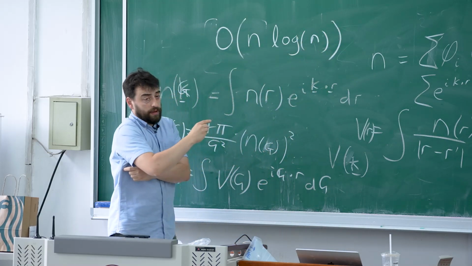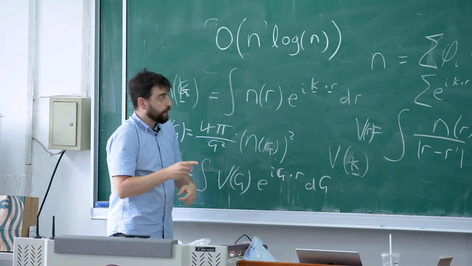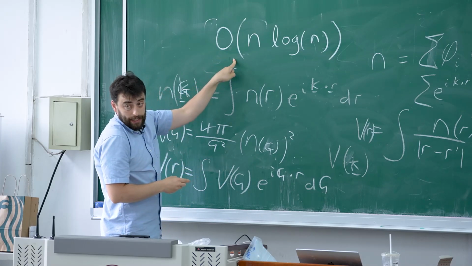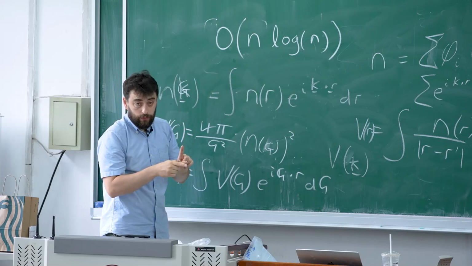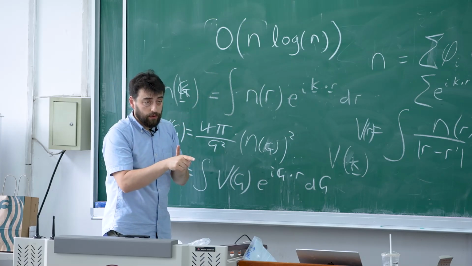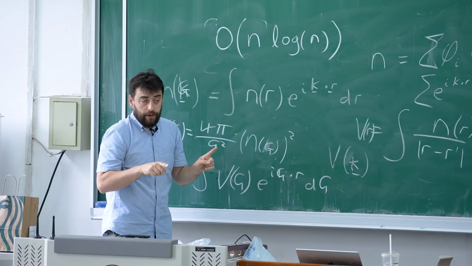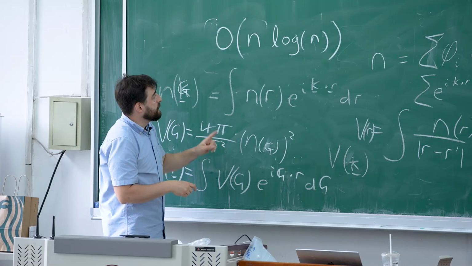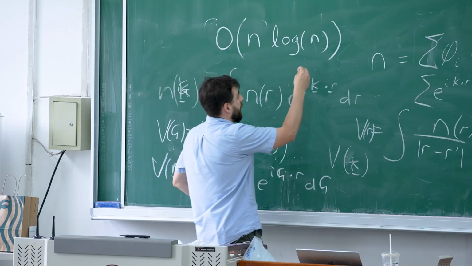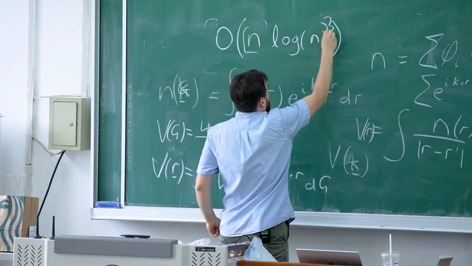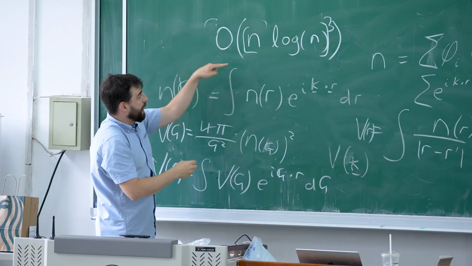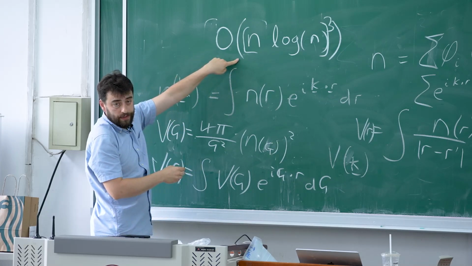If I do a Fourier transform in one dimension, it has scaling n log n. If I do a 3D Fourier transform, those three dimensions are orthogonal, and the three Fourier transforms are orthogonal to each other. So this scales as n cubed, right? And so I have one n cubed operation.